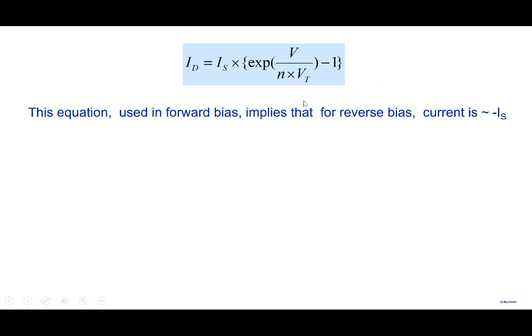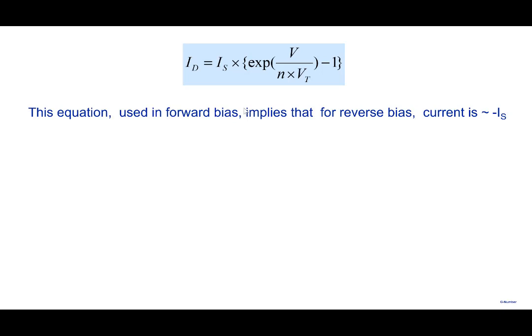But if I use this equation, as we all do, it implies that for reverse bias, if I put V equal to some minus 1 or so, I would get ID equal to minus IS. That's the origin of the name reverse saturation current for this IS. If I put in a reverse voltage, V negative, I will get I equal to minus IS, and obviously ID would be independent of voltage.